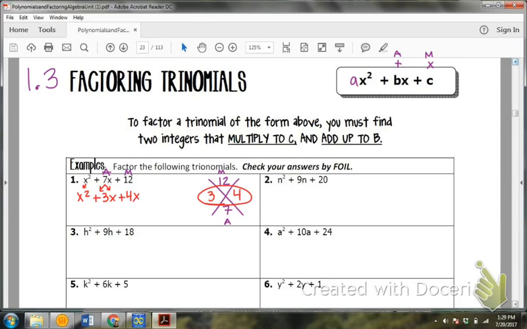I'm splitting that 7x into a 3x and a 4x. In fact, if you want to write it over here so you remember, that would be fine. And then the last step is to bring down your 12. So you bring down the first one, you split the middle one between the two factors that you choose, and you bring down the last one. What does this look like now?